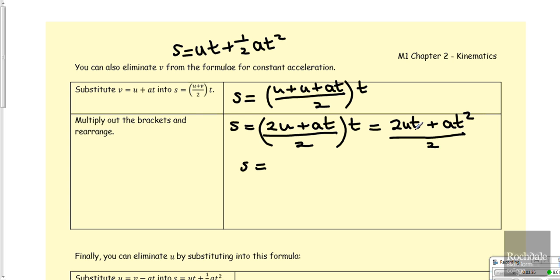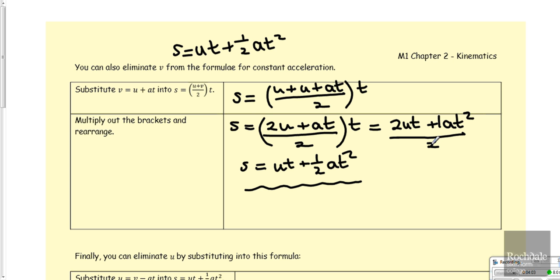So if I divide the first one by 2, that just gives us ut, 2 divided by 2 is 1. And then the second one is divided by 2. If you imagine that this is a 1 here, at squared means one lot of at squared, so 1 divided by 2 is a half. And that's how we get that fourth formula.